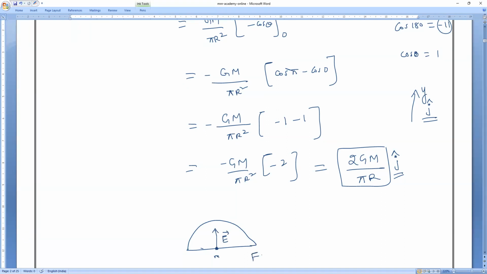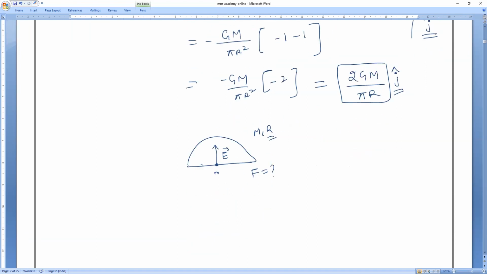We have to calculate it. Mass is m, radius is r. So if there is a point mass m in a gravitational field E, then we all know the relation: E equals force by mass. Yes or no, gravitational field.